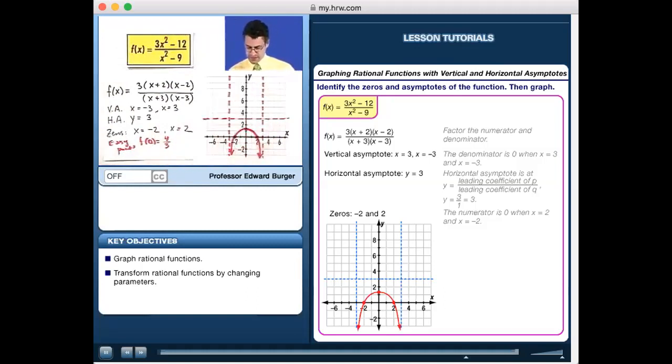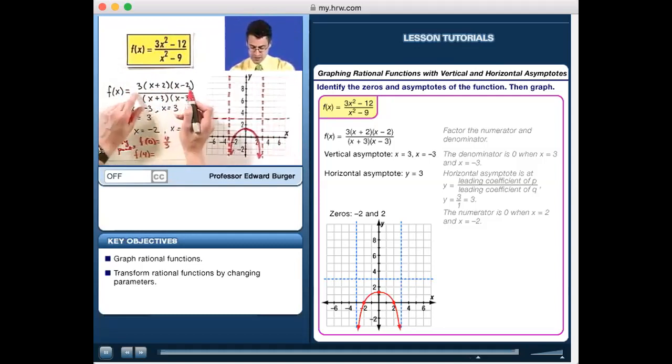For example, we could pick a point, let's say 4. So if we pick 4, let's plug in 4. What do we get? Well, we can plug into the original thing, or we can use this thing right here. If we plug in 4, 4 plus 2 is 6, and 4 minus 2 is 2, so 6 times 2 is 12.